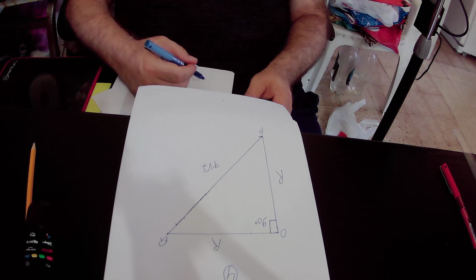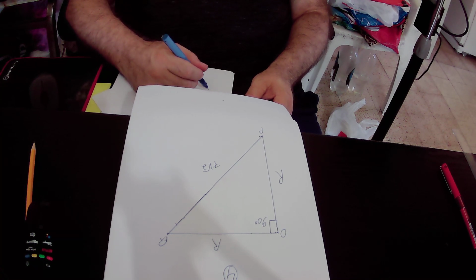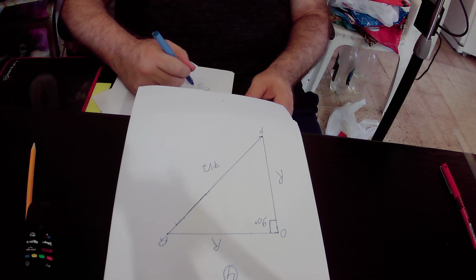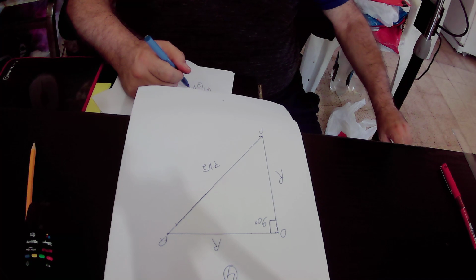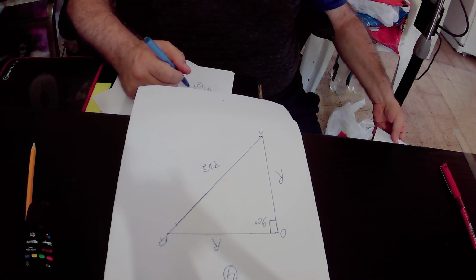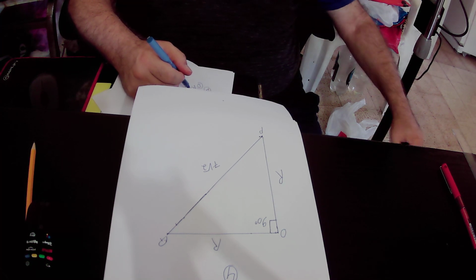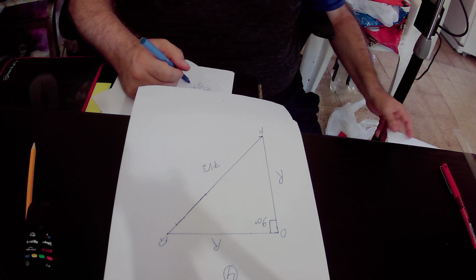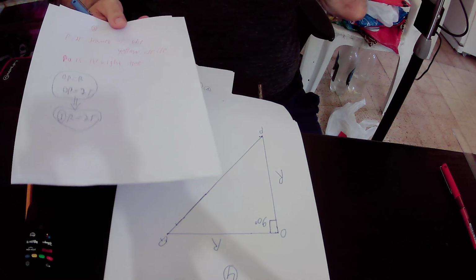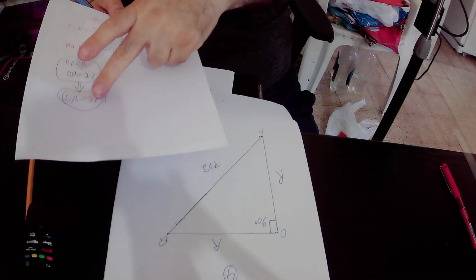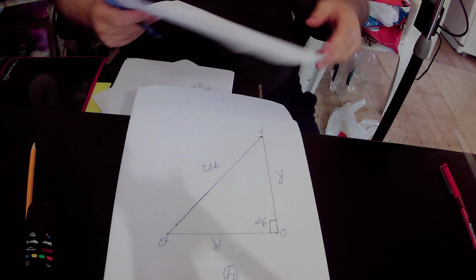But that is actually equation number 2, but from equation number 1 we know that capital R equals to 2 times small r. According to equation number 1, capital R equals to 2 times small r.